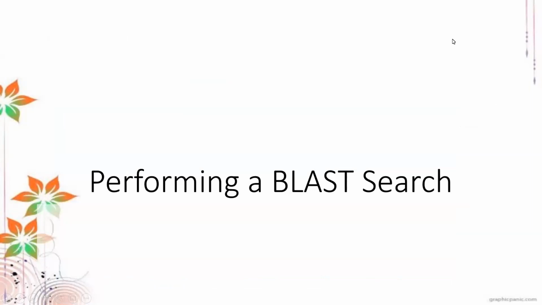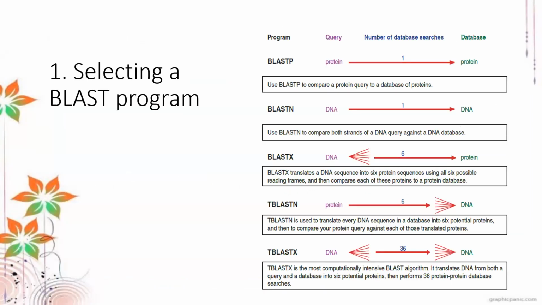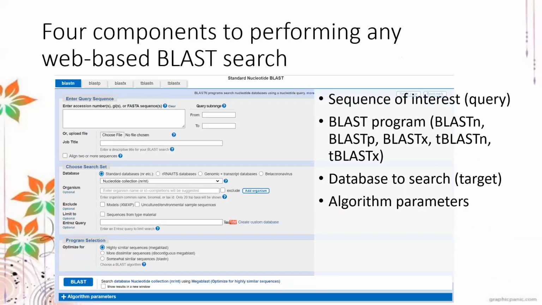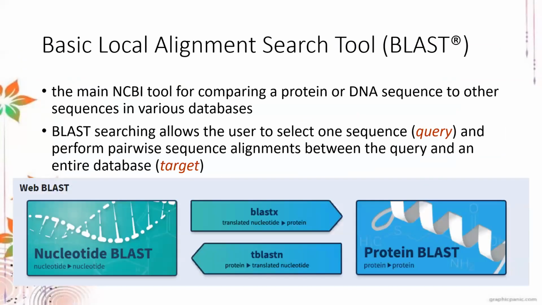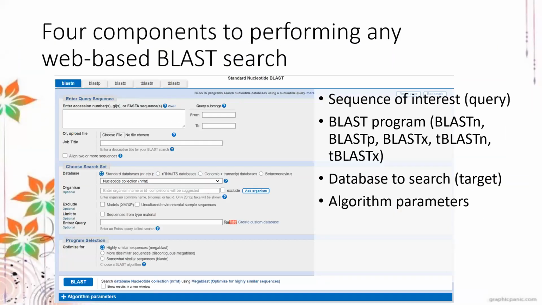So how do you perform a basic BLAST search? First, look at the program. The landing page for the BLAST is this one. When you go to the BLAST, you will first see this page, which allows you to choose what program you have.